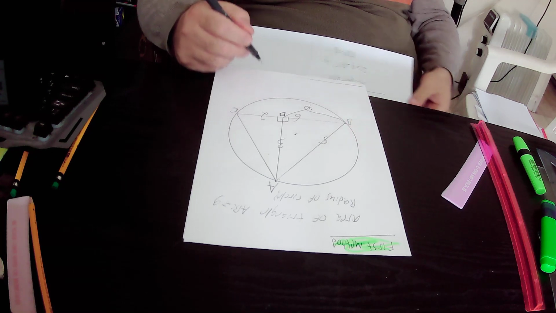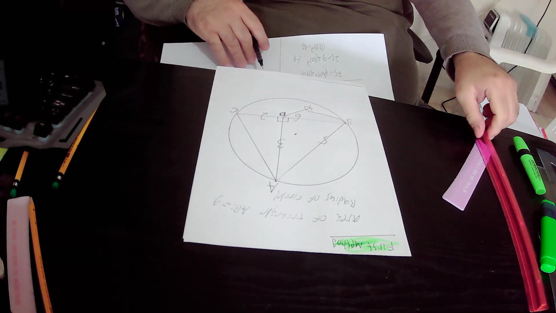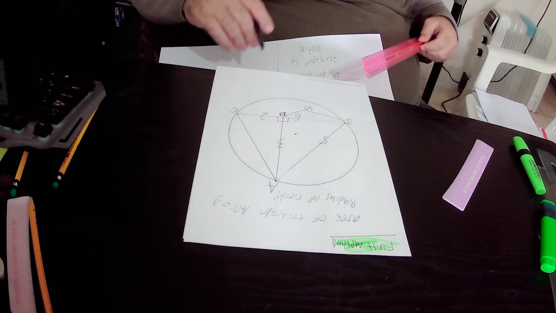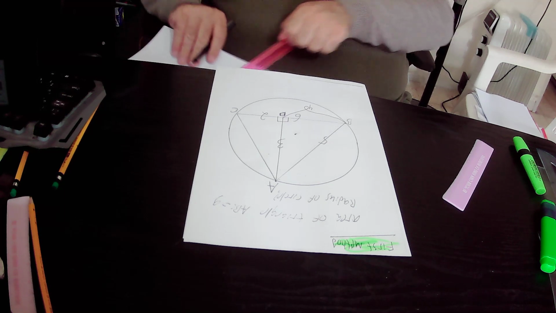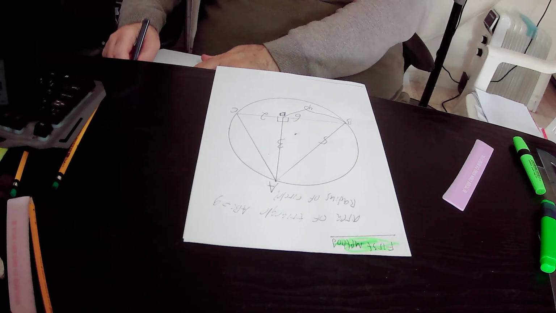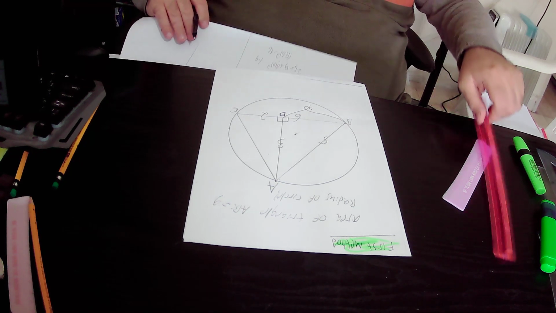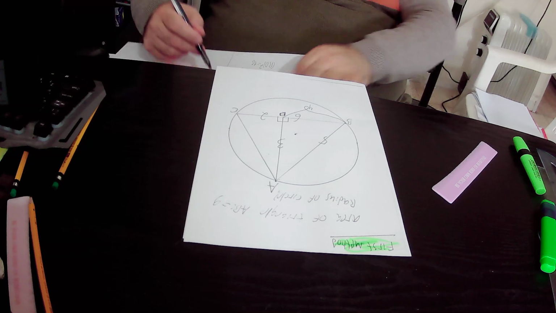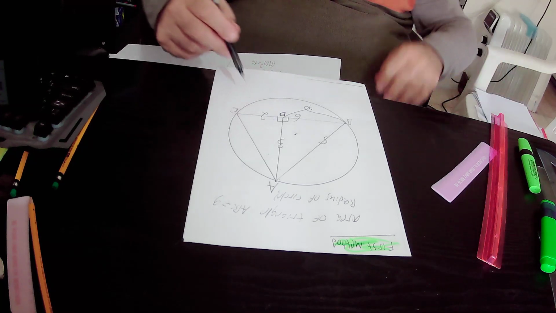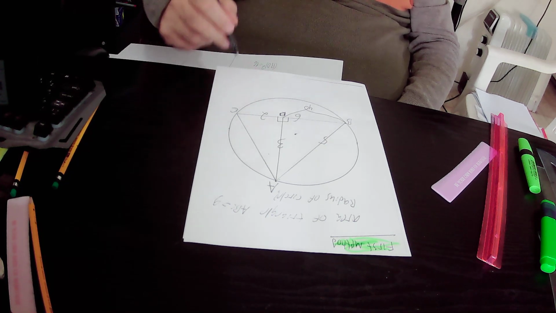In the next step, we will focus on the right triangle ADC. We will implement the Pythagoras theorem on the right triangle ADC. On the right triangle ADC, the square of the hypotenuse equals the sum of the squares of the perpendiculars. That is to say, AC square equals AD square plus DC square.